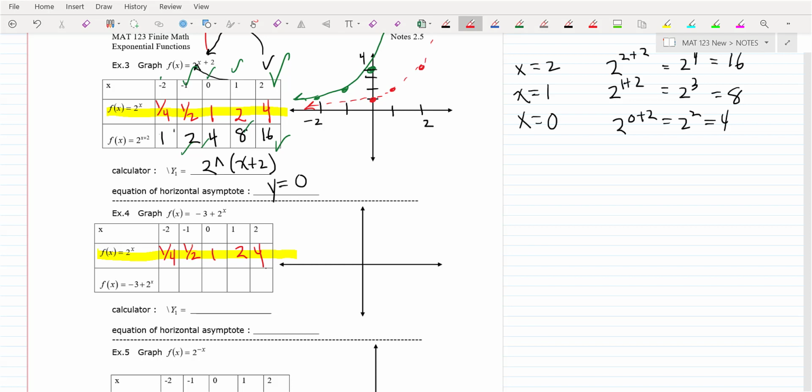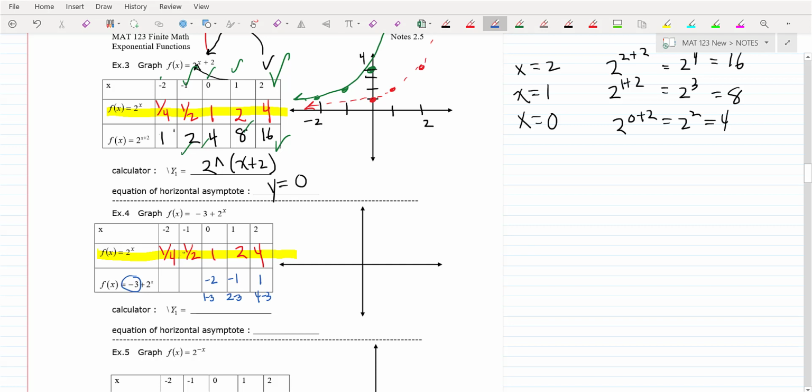So if you were working that out, you would just go 4 minus 3 is 1, 2 minus 3 is negative 1, and so forth. This is going to do something to the graph. You can do all this in your head if you want to, or you can just write a note to yourself. 4 minus 3 would be 1, because I am adding negative 3 to it. 2 minus 3 would be negative 1. 1 minus 3 would be negative 2.